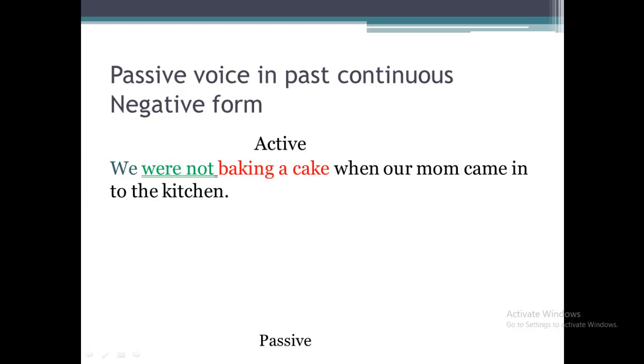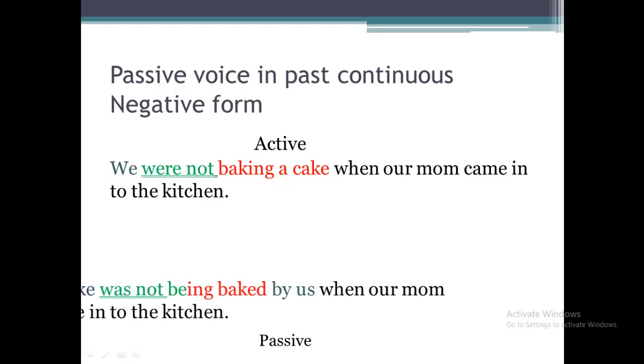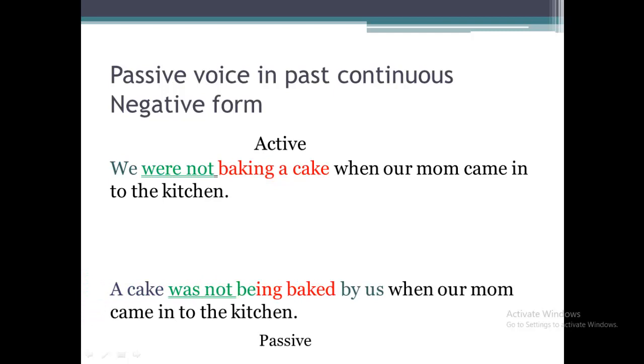We were not baking a cake when our mom came into the kitchen. So we is the subject, were not, verb to be with not, in negative form. Baking, verb with ing. A cake is the object and it's singular. Okay, a cake was not being baked.